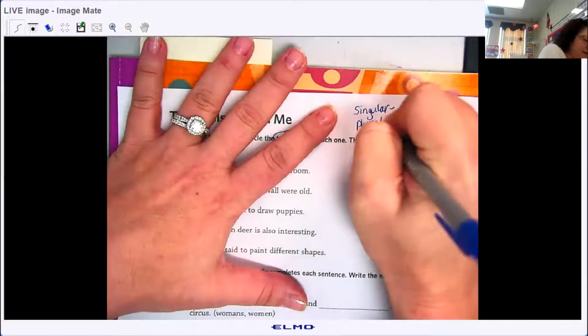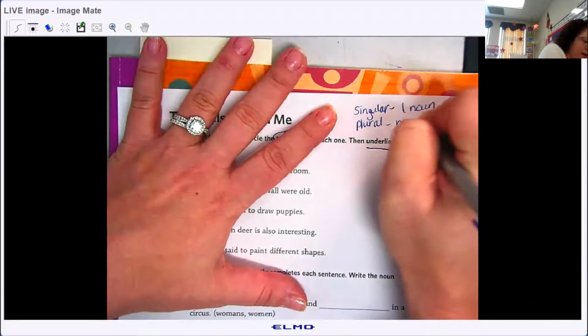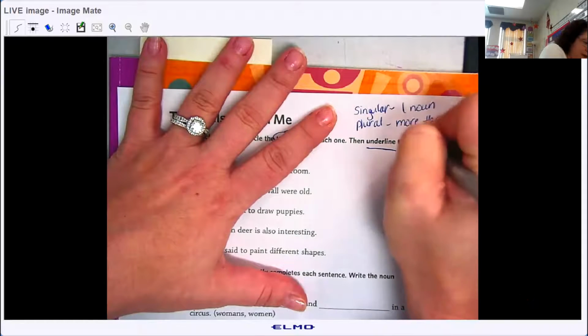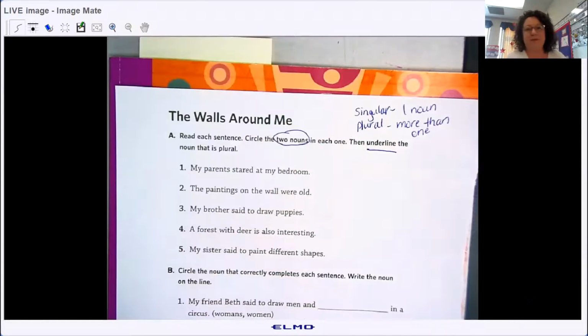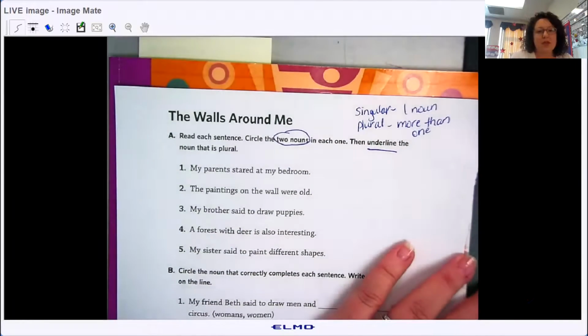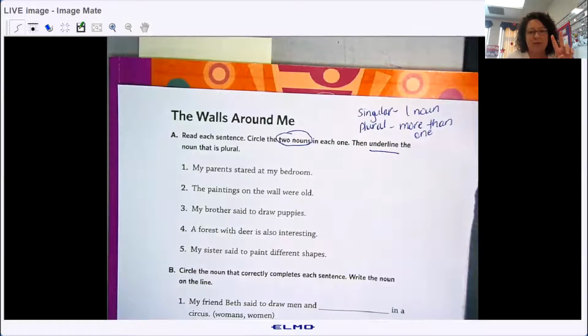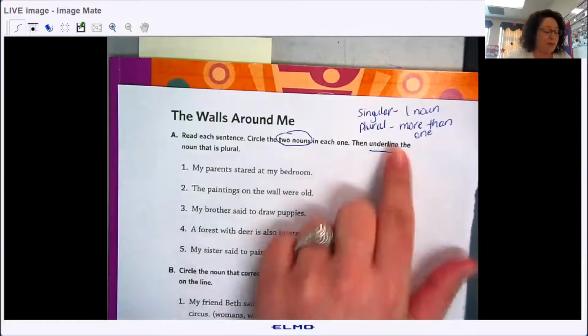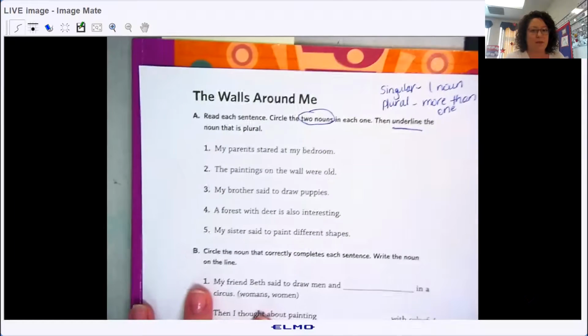Plural, more than one. Okay? So we're going to find two nouns, circle both nouns, and then we're going to underline the one that's more than one, that's plural.